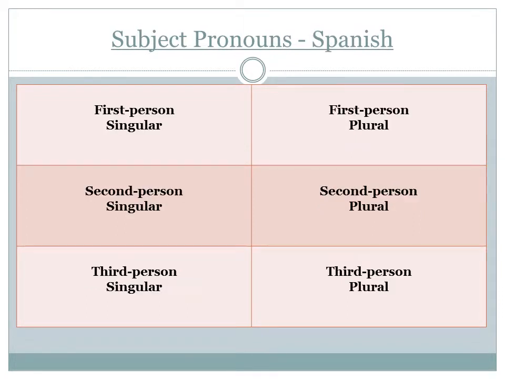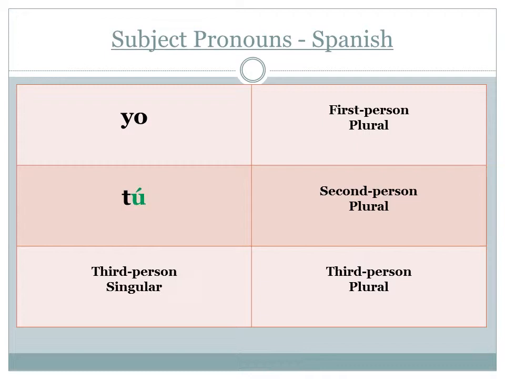Now for the Spanish subject pronouns. In Spanish, the first person singular subject pronoun is yo. The second person singular subject pronoun is tú. Notice the accent mark over the u.